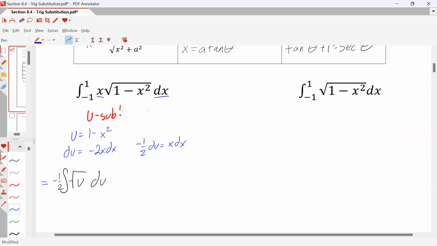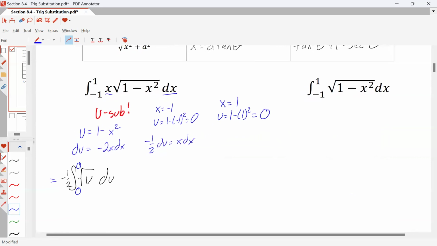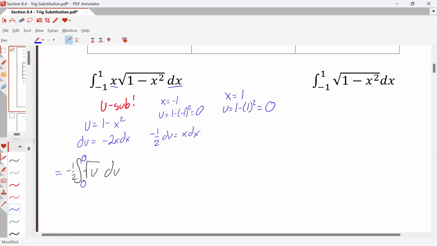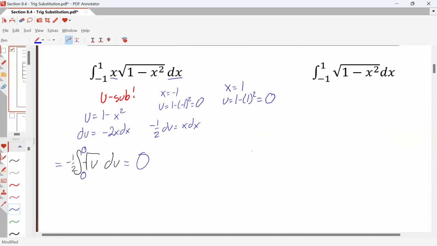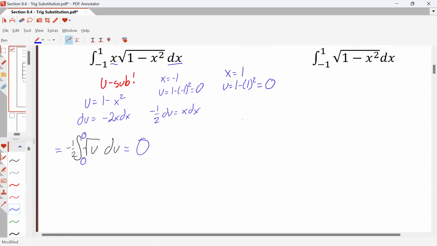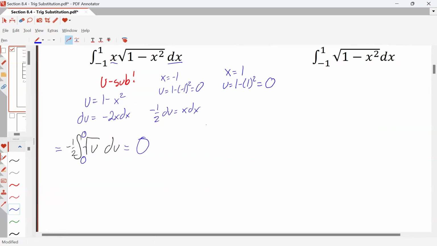When x equals -1, u equals 1 minus -1 squared, which is 0. And when x equals +1, u equals 1 minus 1 squared, which is also 0. We actually don't have any work to do here. When our bounds are the same, the integral evaluates to 0. And we have our integral answer.